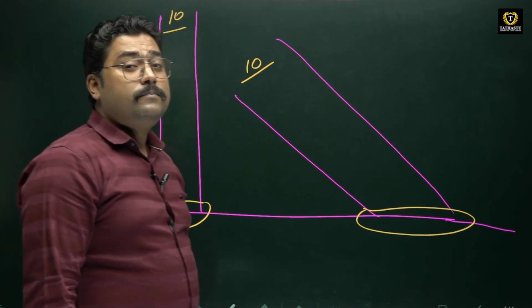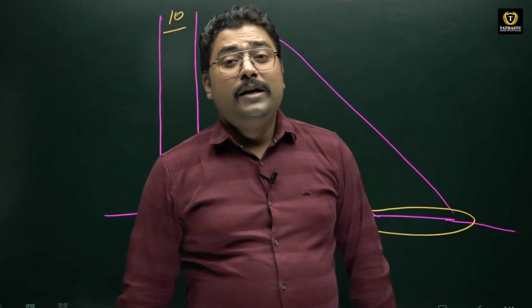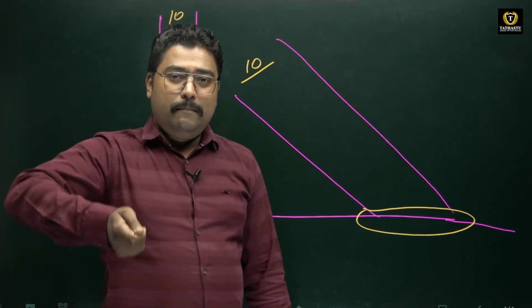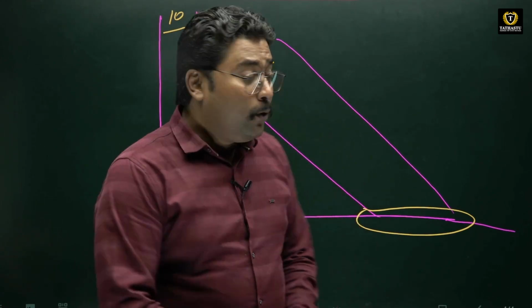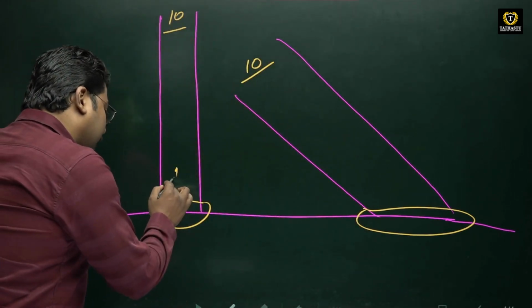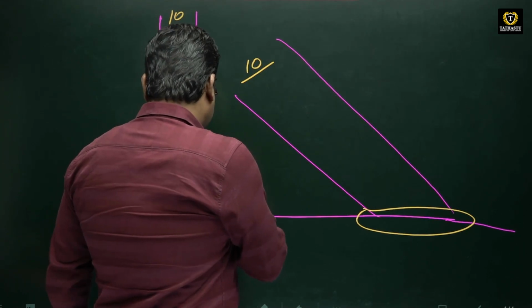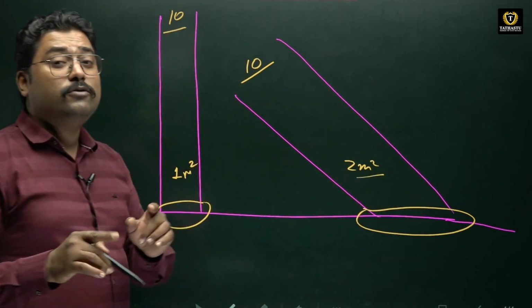Like the experiment you did in class, flashing a torch vertically on a wall and then diagonally, the area increases. Suppose the area of vertical rays is 1 meter square and this is 2 meter square. Now see how the game is changing.